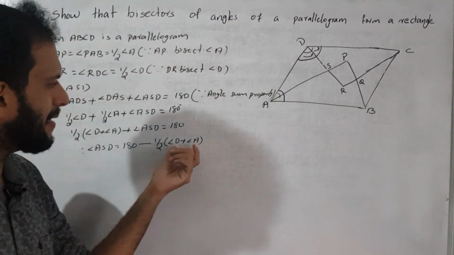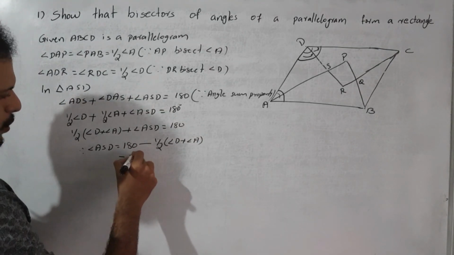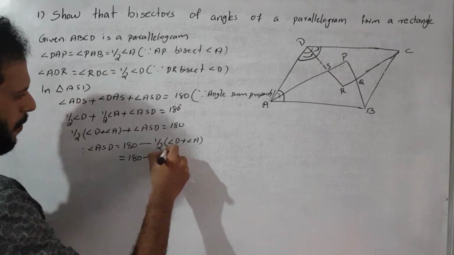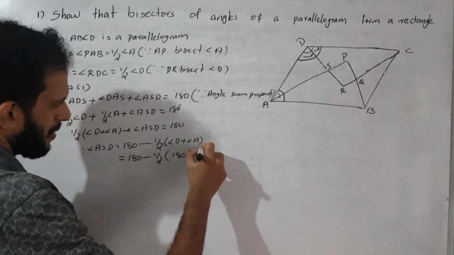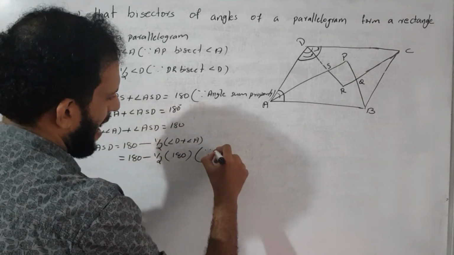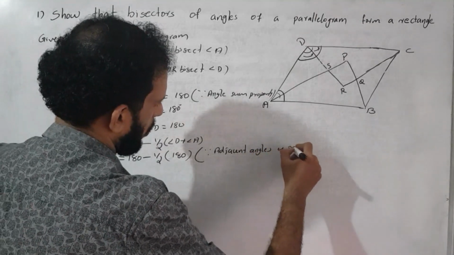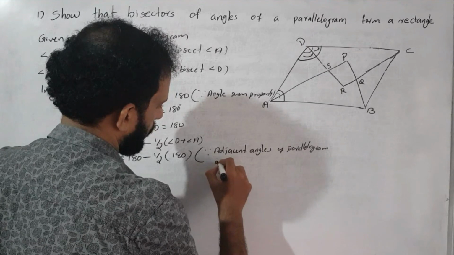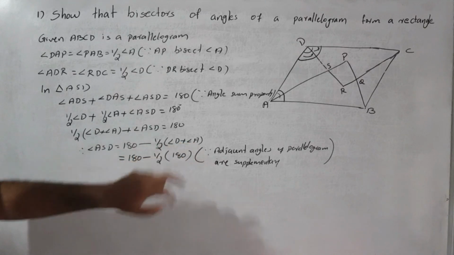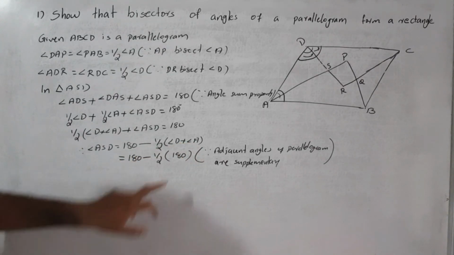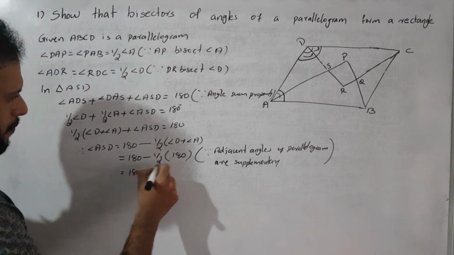So instead of angle D plus angle A we can substitute 180. Then it is equal to 180 minus, what is half of 180?